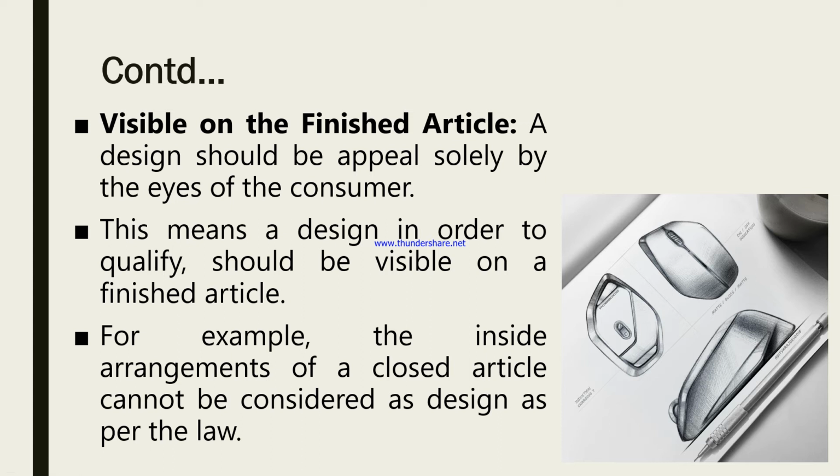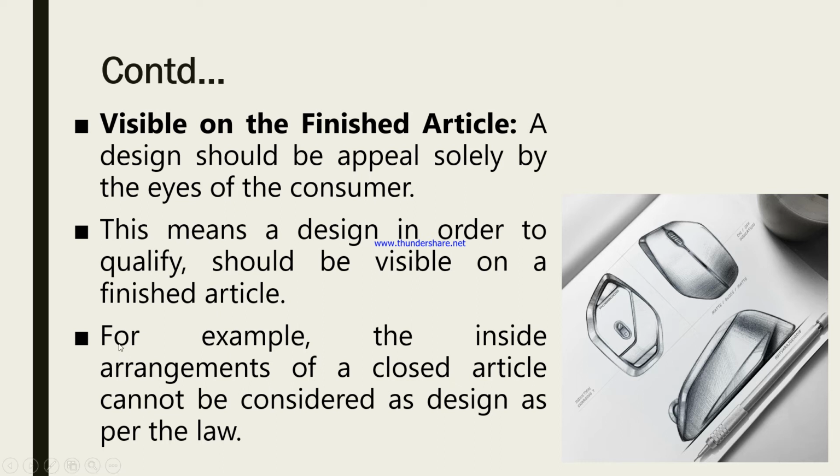For example, if you want to buy a particular mixer and grinder, you will see varieties of mixers and grinders displayed in that shop. Now your eye first catches the design, the way you want that mixer and grinder to be placed in your kitchen. So you would be looking for a particular shape.